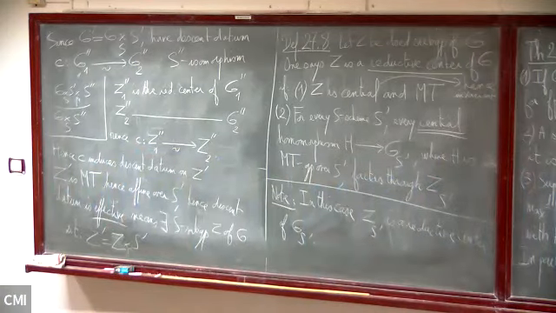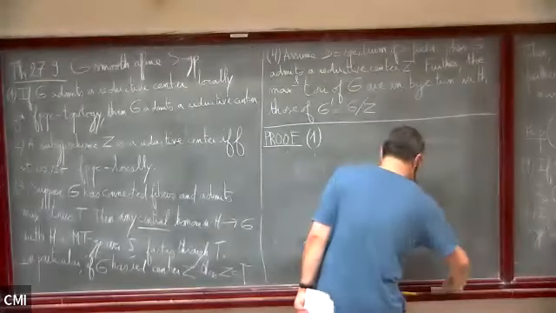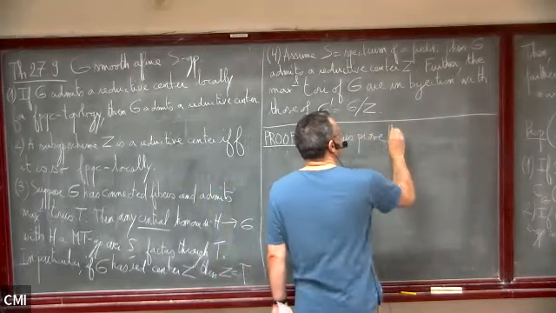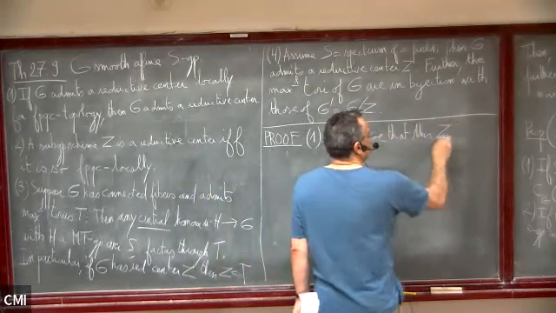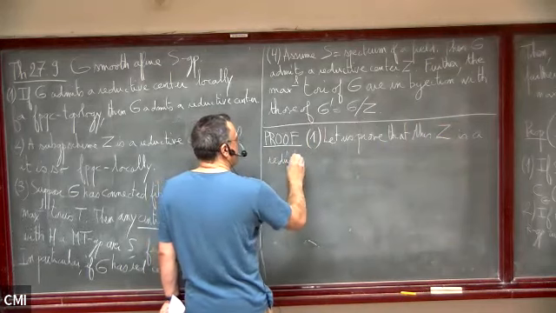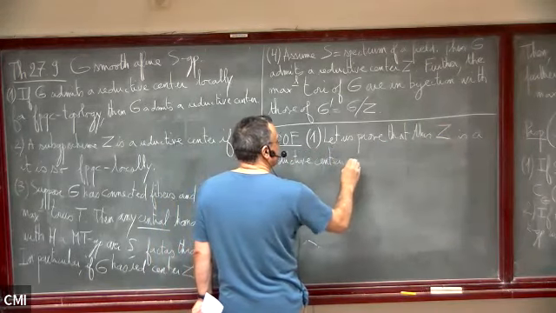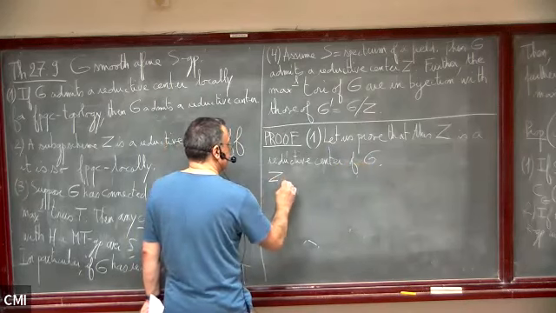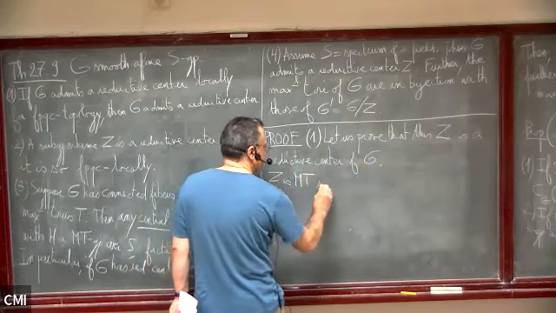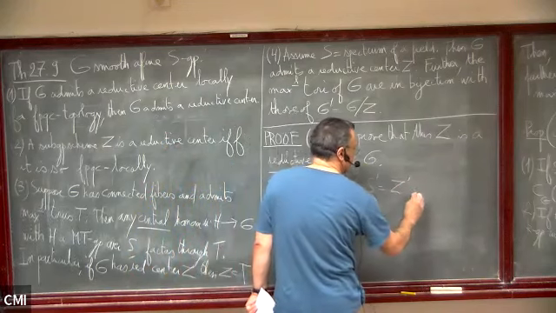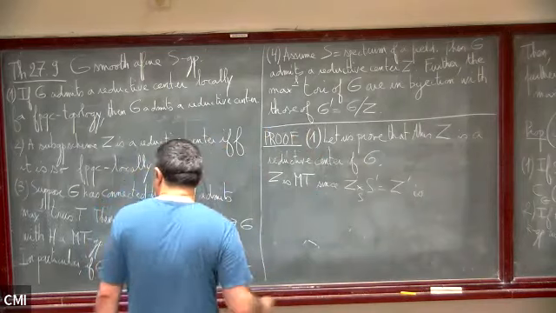So by descent we have a Z, and now let us prove that this Z is a reductive center of G. Firstly, Z is of multiplicative type, since by base change it is of multiplicative type, so Z is already of multiplicative type.